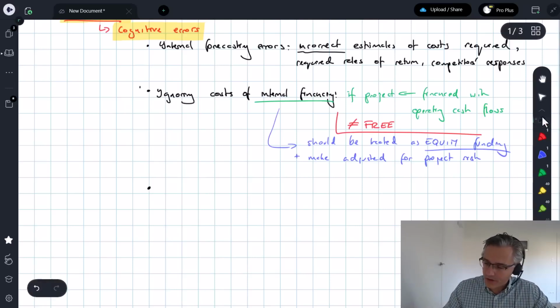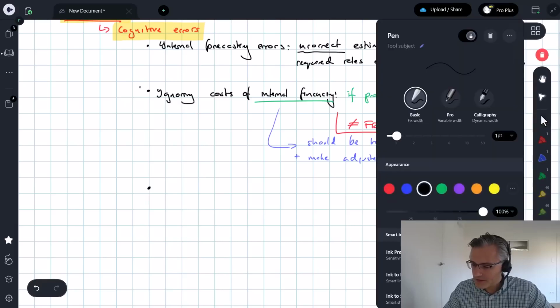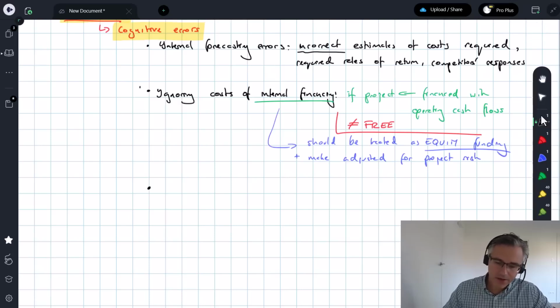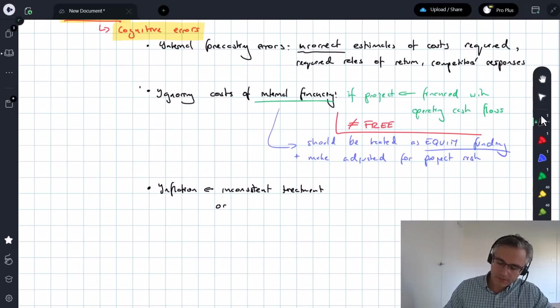Now, an error lots of us make, and me included sometimes, is incorrect or inconsistent thinking about inflation. So inflation, either inconsistent treatment of it, or just ignoring it completely in our estimates.